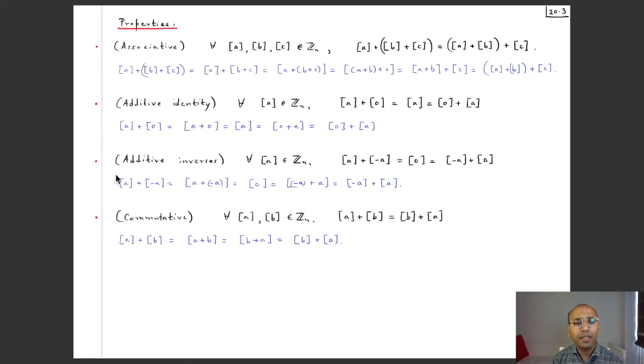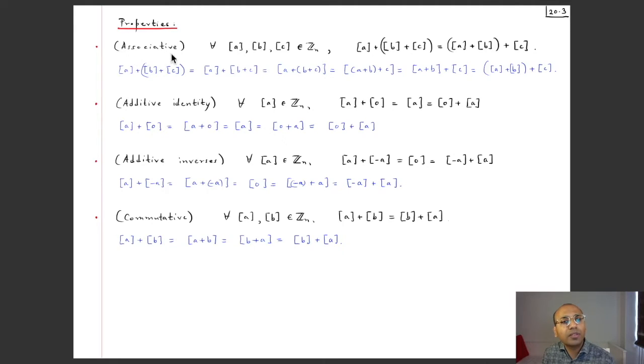We have defined addition modulo n in Zn, and now let us show that it has the properties of associativity, the existence of an additive identity, every element possessing a corresponding additive inverse, and the property of commutativity. We know that the set of integers with integer addition has all these properties, and in fact we can use these properties for integer addition to derive the corresponding properties for addition modulo n.